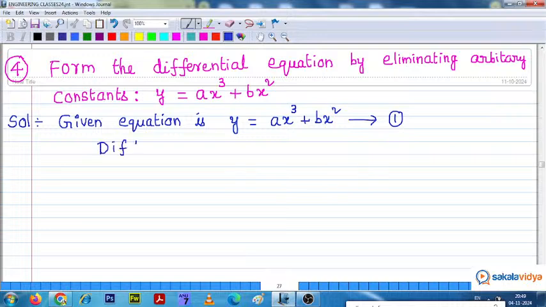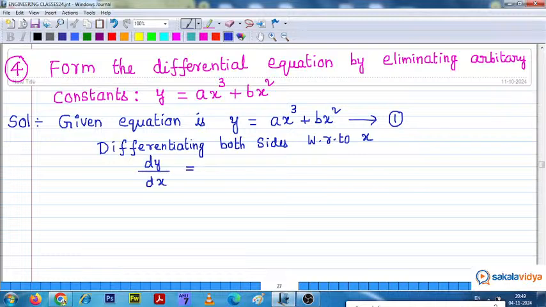Differentiating both sides with respect to x. Now dy by dx equals d by dx of ax cube plus bx square.